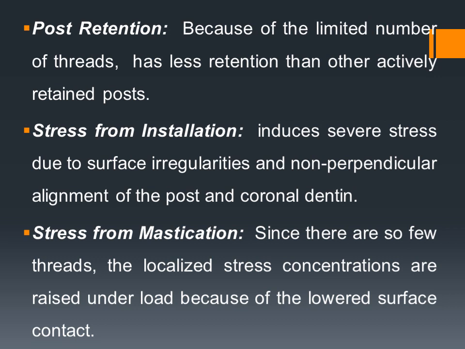Because of having limited threads on the Radix anchor, it has less retention compared to other actively retained posts, and it induces severe stresses due to surface irregularities and non-perpendicular alignment of the post. Because of the presence of few threads, localized stress concentrations are raised.